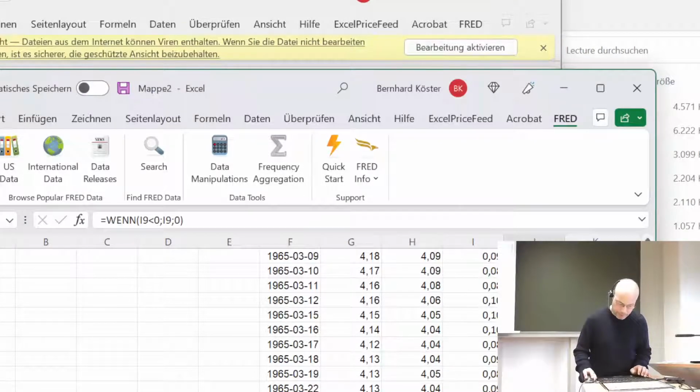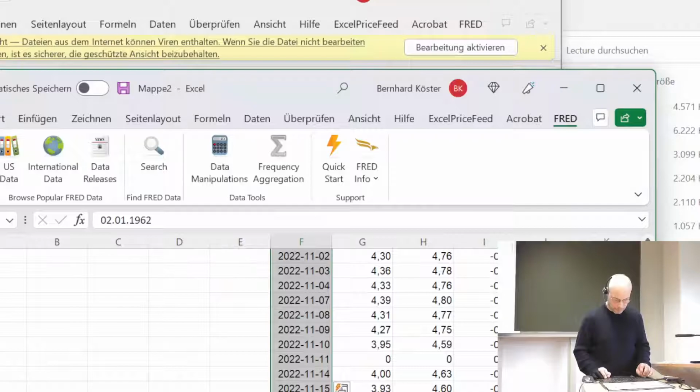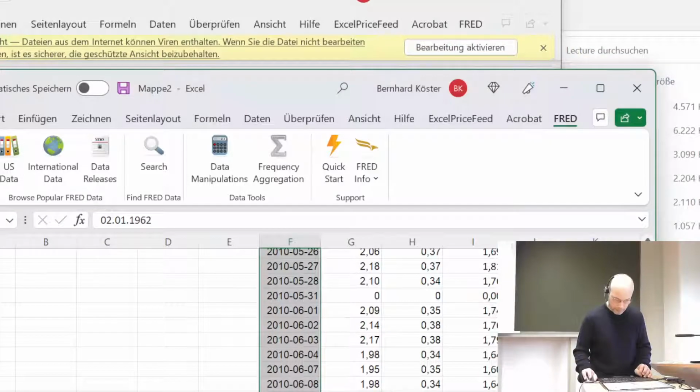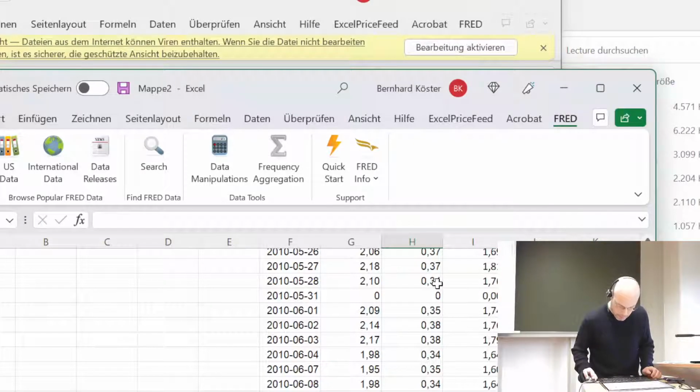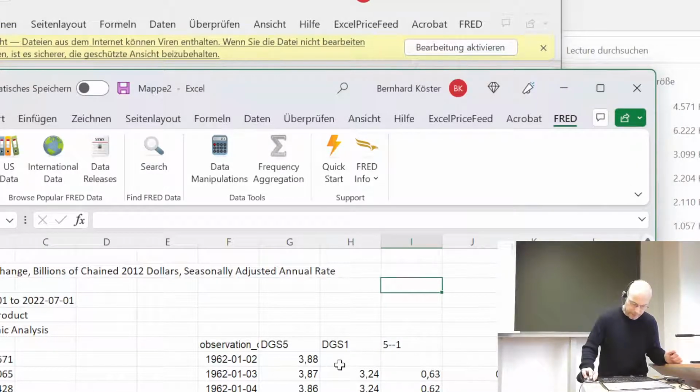Why is it not jumping down there? This works, and here. Now it's crashing my program. Now I'm back again here.